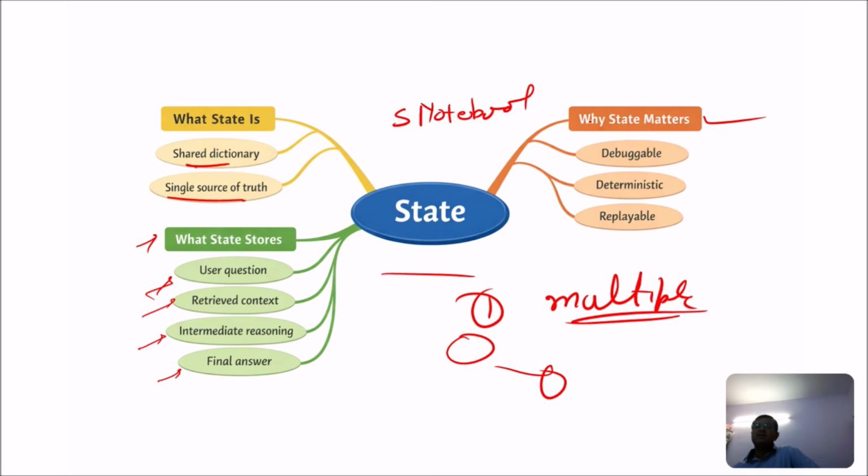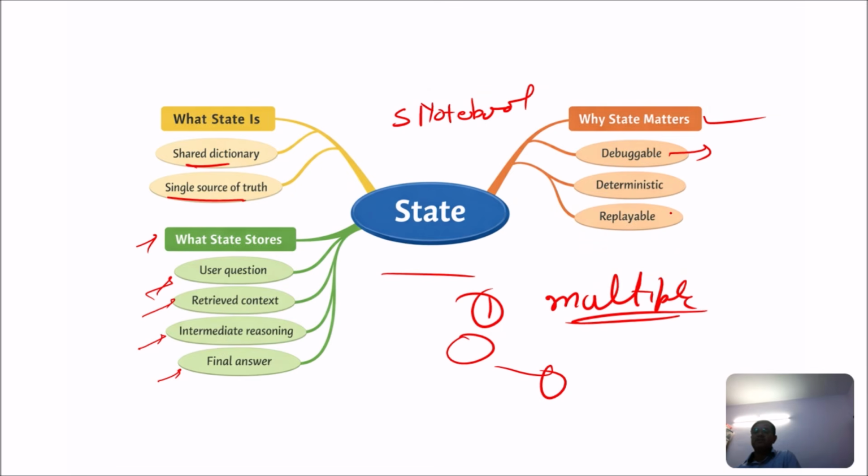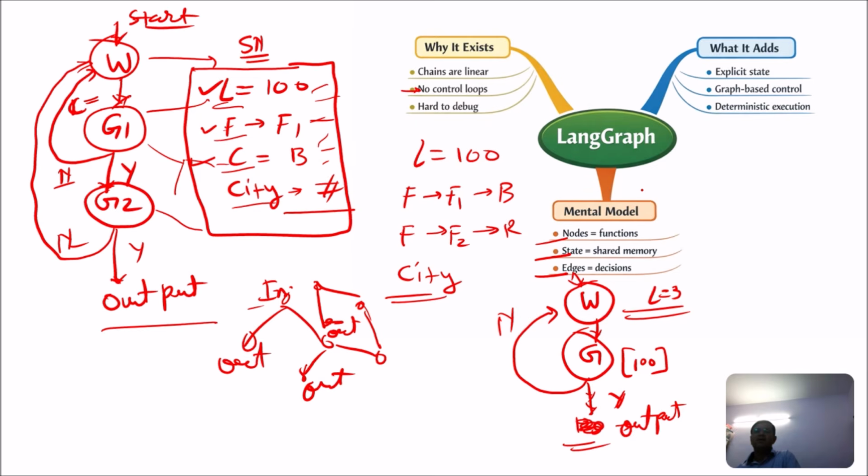Now, the next thing is why state matters. Debuggable: like you debug a program, you can check where the errors happen, and based on that, you can take your decisions. Deterministic: you have seen that everything is straightforward.